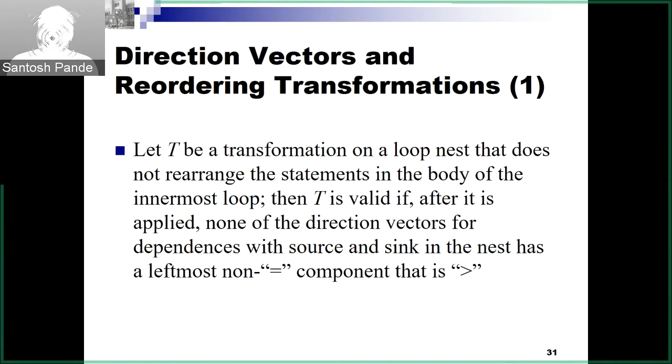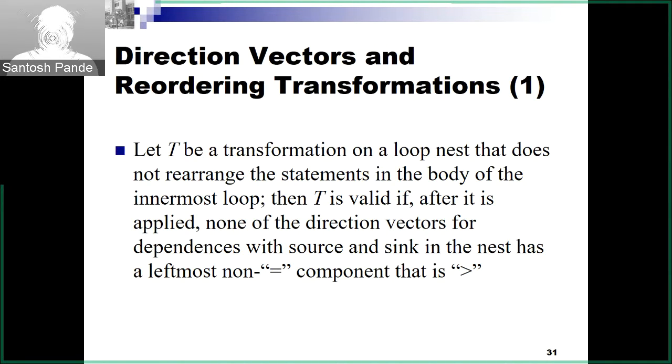So in general, this is what the loop transformation is about. Let T be a transformation on the loop nest that rearranges the statements in the body of the innermost loop. Then T is valid after it is applied if none of the direction vectors for the dependencies with source and sink in the nest has a leftmost non-equal component that is greater than.